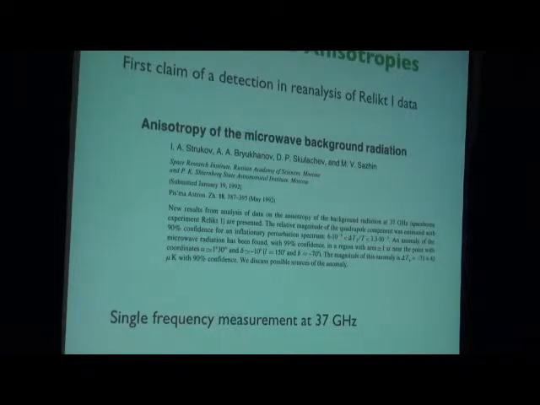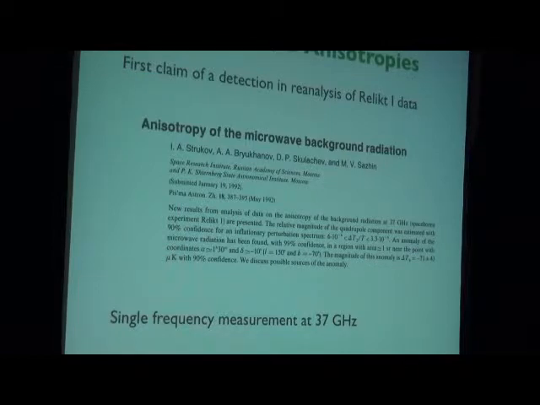At some point, I don't know if it's a coincidence or not, around the time when COBE reported their measurement, this was rewritten and it was claimed that there was a measurement. One should keep in mind that it's a single frequency measurement, so it's a little bit dangerous maybe to claim that there was a detection, but certainly this satellite was before all the other satellites and maybe is a zeroth generation, or maybe this is first and then Planck is fourth generation, who knows.